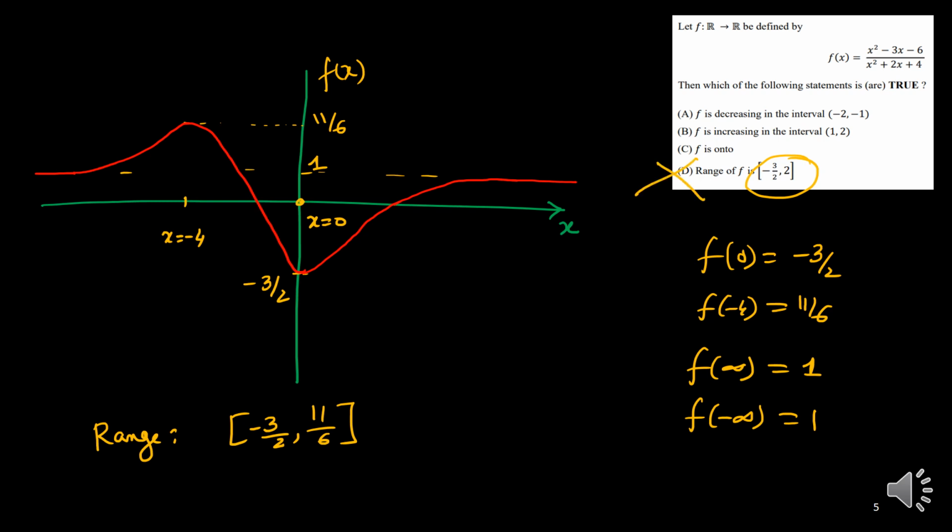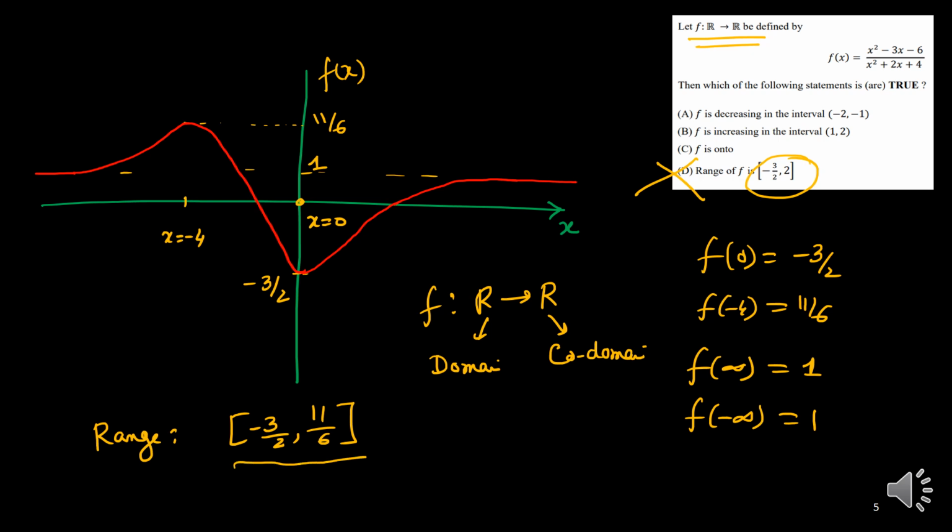Again, what is the function given? The function is written as f from real to real. So this is your domain, it is given, and this is your codomain, it is mentioned. So the codomain is the entire real numbers, but the range is only a finite range.